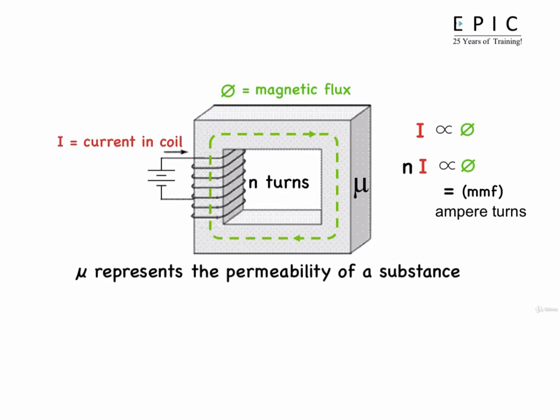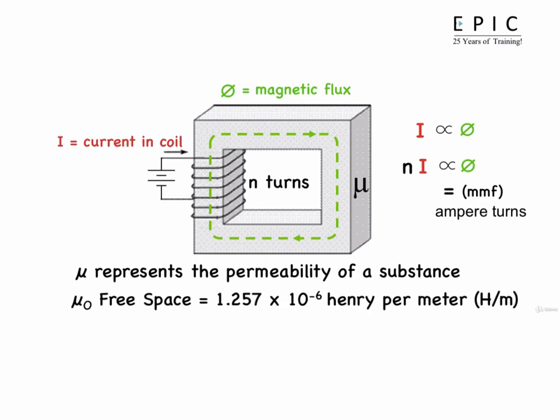Magnetic permeability is typically represented by the Greek letter mu. Permeability, also called magnetic permeability, is a constant of proportionality that exists between magnetic induction due to current flow and magnetic field intensity, the amount of flux produced.